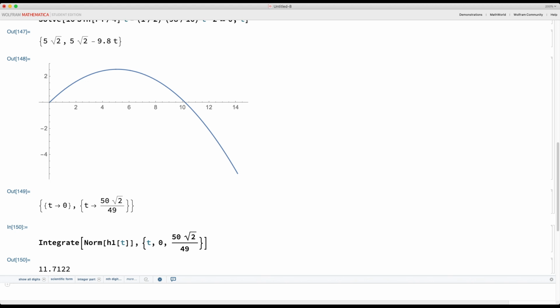I've computed the length, the arc length, along the blue curve from the origin to when it hits the ground at x equals 10 point whatever.